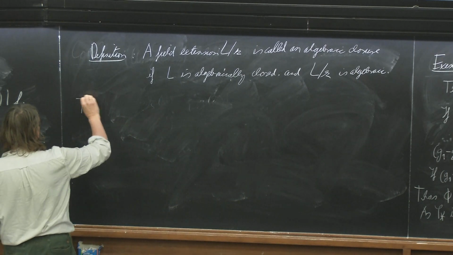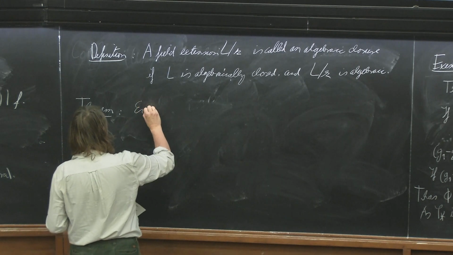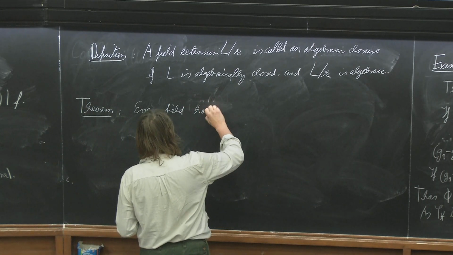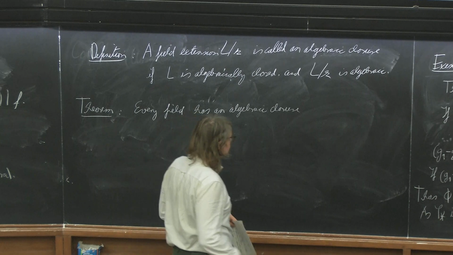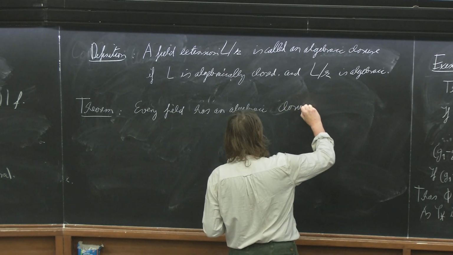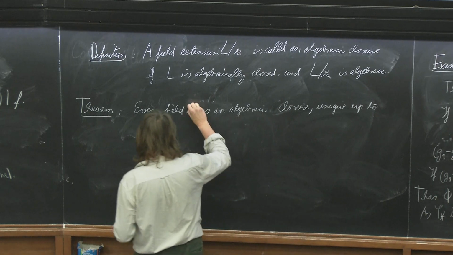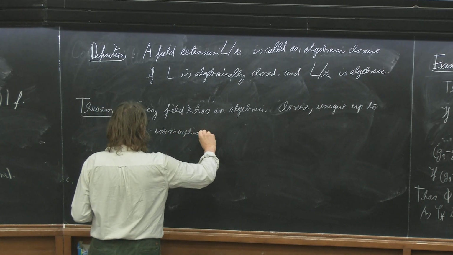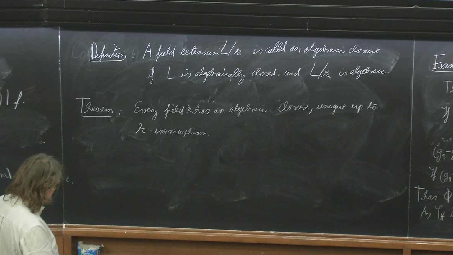This I will not prove, but every field has an algebraic closure, and two such algebraic closures will be isomorphic, I mean K-isomorphic.